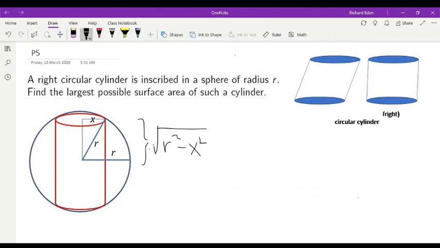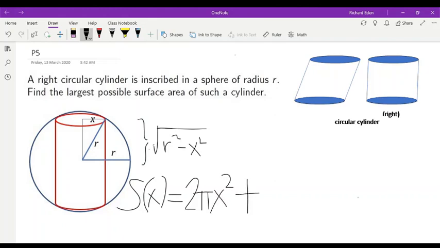So therefore, the surface area of our cylinder, S as a function of x, is double the circular base area, so 2 times pi x squared, plus the lateral side of the cylinder, as mentioned in the previous problem. You could think of that as the area of a rectangular sheet that's wrapped around the cylinder, whose height would be double the square root of r squared minus x squared.